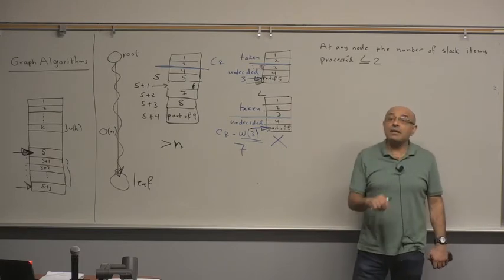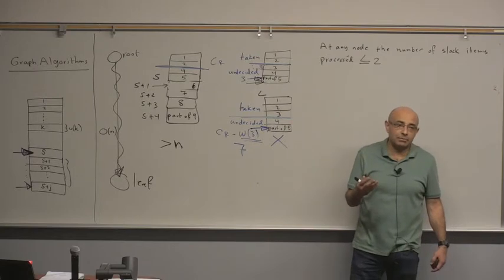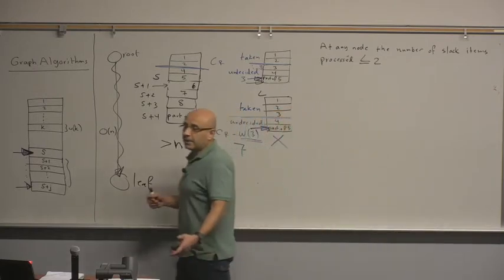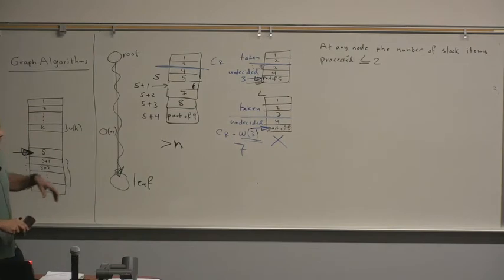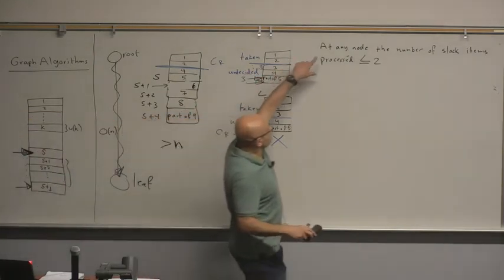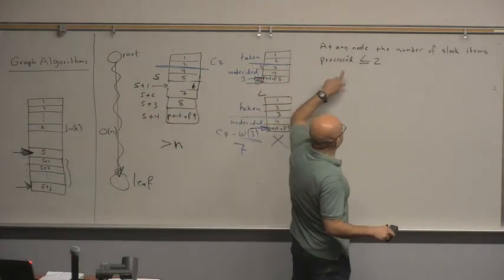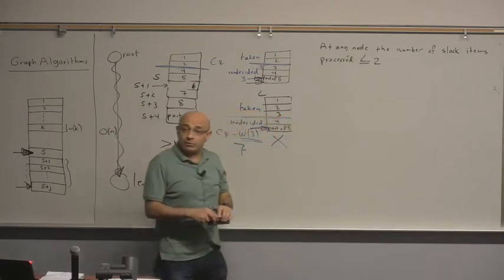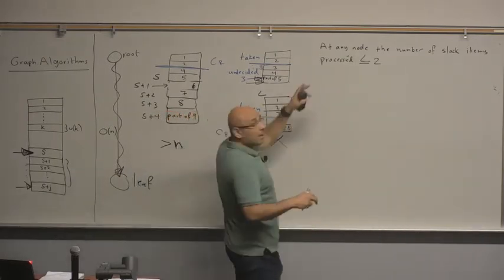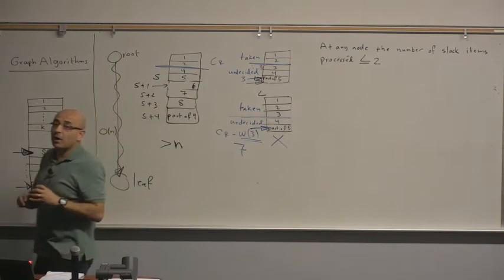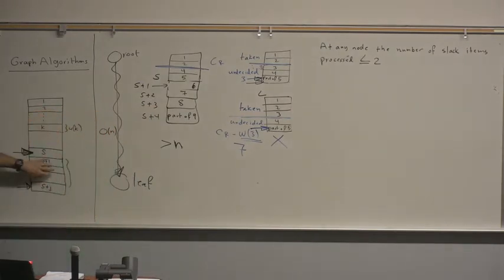Everything else in between, if there is anything, must be taken completely. So at any node, the number of slack items processed is less than or equal to 2. But the number of non-slack items at one node is not necessarily bounded by a constant.